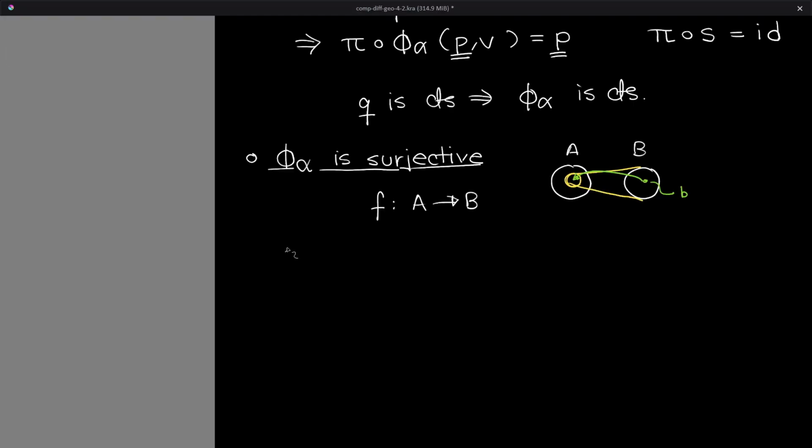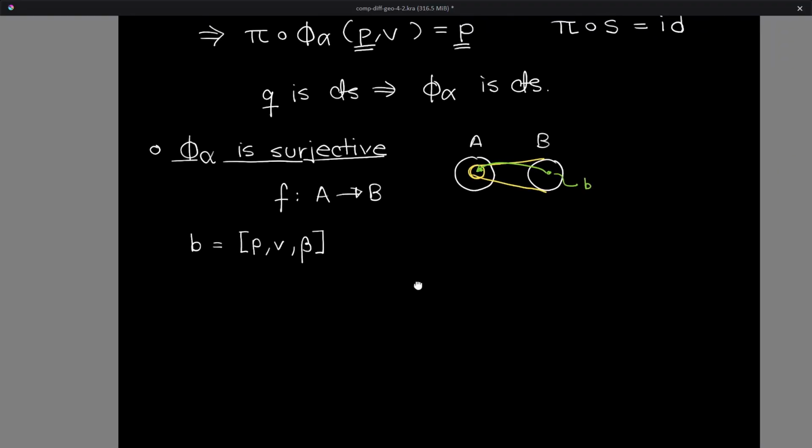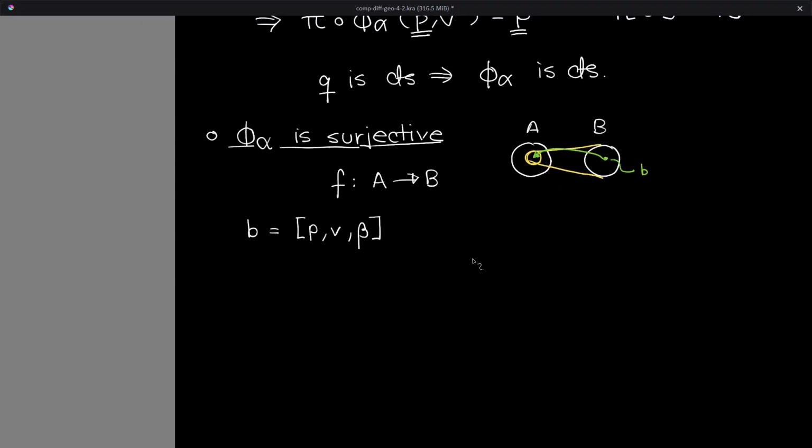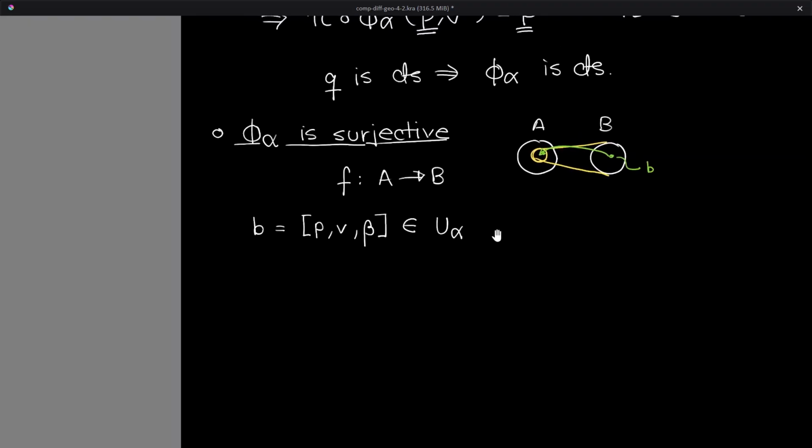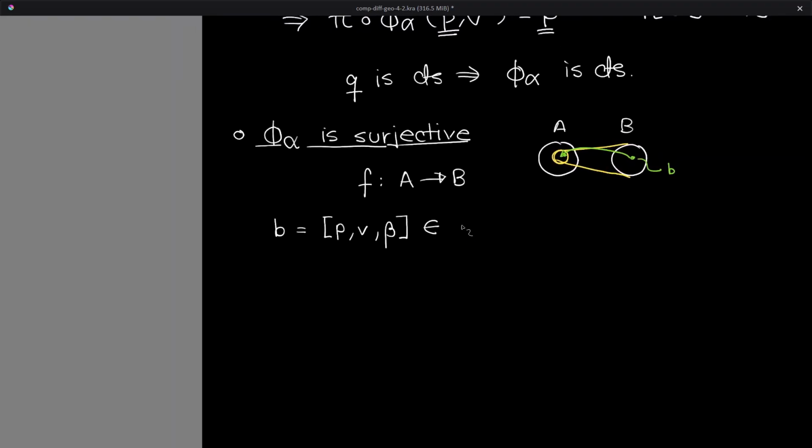So let's say that we have a point B is equal to PV beta. I'm going to explain exactly what we're doing in a little bit. If this is PV beta, then what can we say about that? What we can say is that this is an element of pi inverse of U alpha. It's any generic element of pi inverse of U alpha.